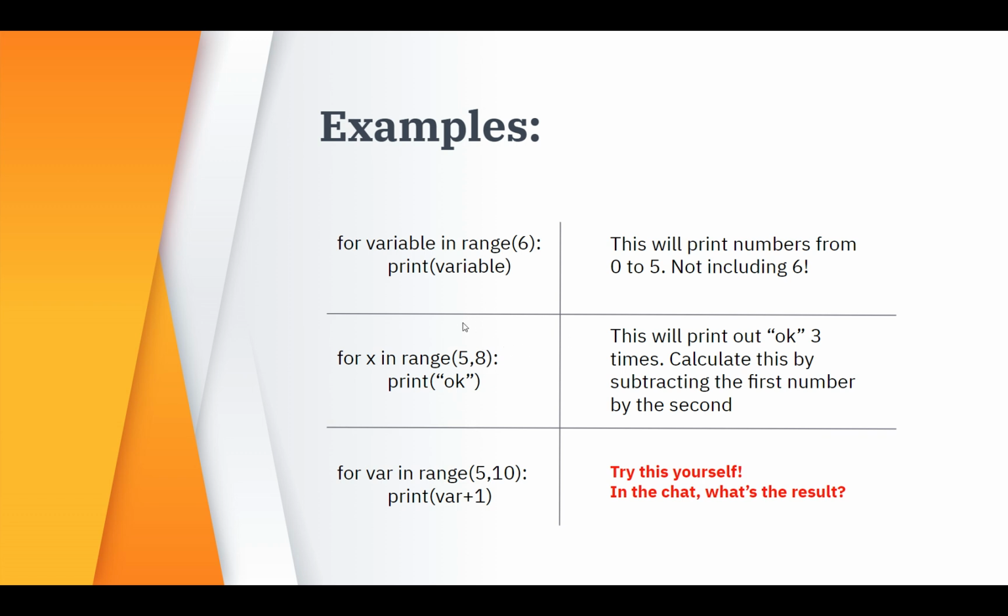Even though you never see this counter in the print statement, it's still going through it. Here, for var in range 5 comma 10, we'll print var plus 1. Before you try it, try to guess what it'll give you. What it should give you is 6, 7, 8, 9, and then 10, because even though the counter doesn't go to 10, you're adding 1, so it'll be 9 plus 1.